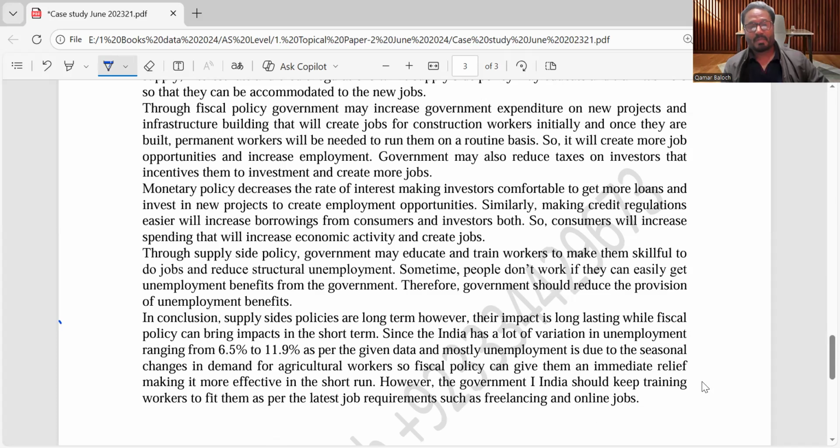So if you get the skill of solving case studies and how to exactly answer the questions, then you can get full marks. So this is it for this case study.